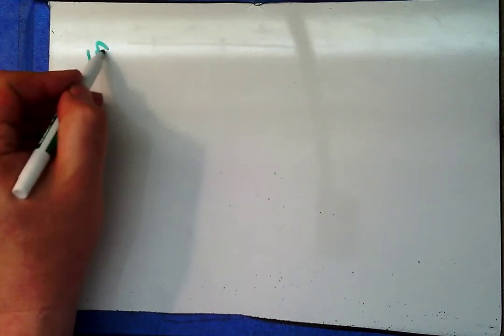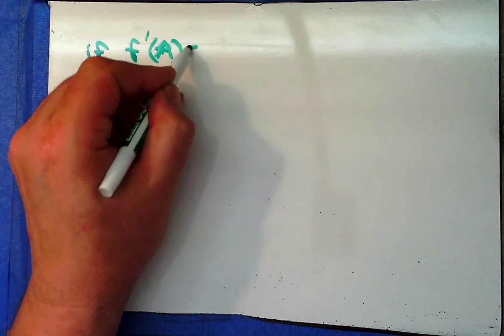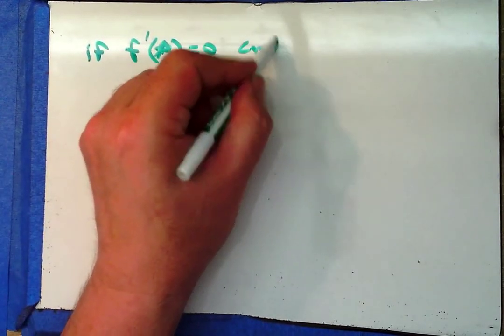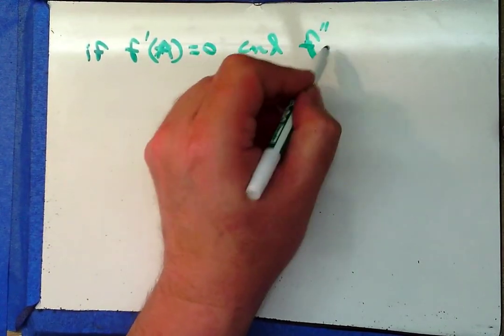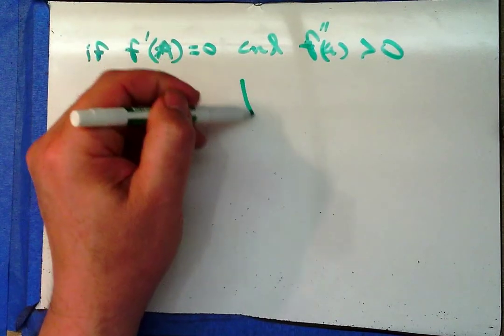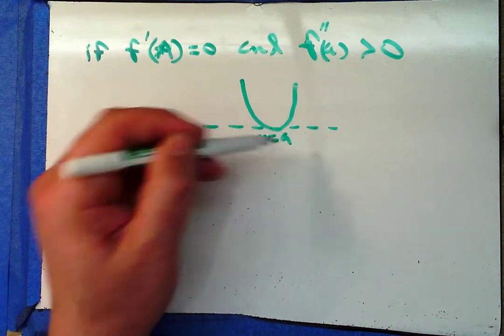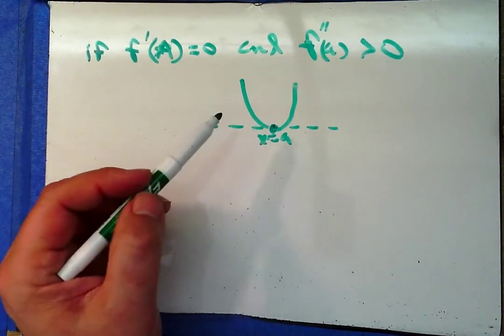But remember, we had a second derivative test, right? The second derivative test said if f prime of a was equal to 0 and f double prime at a was greater than 0, we'd be looking at a situation like this. Here's x equals a. We have a 0 slope at a.